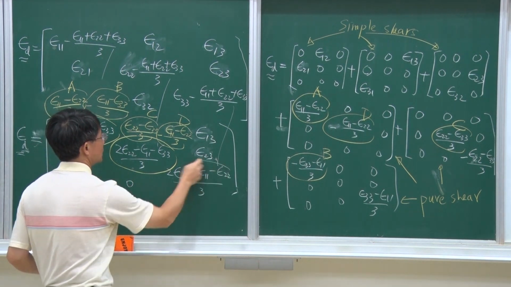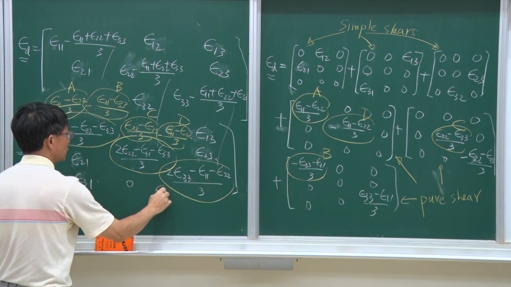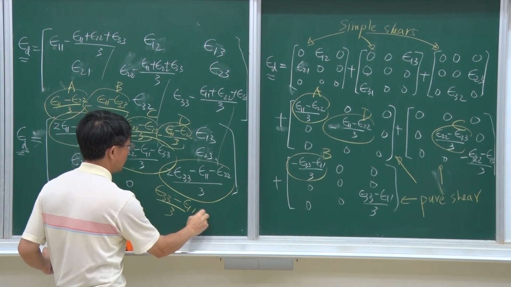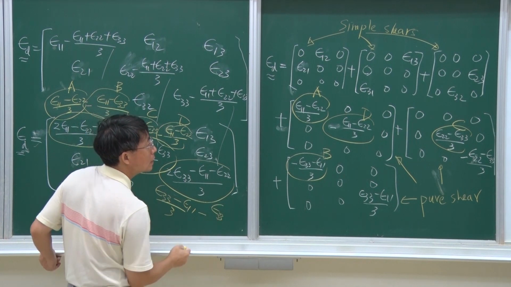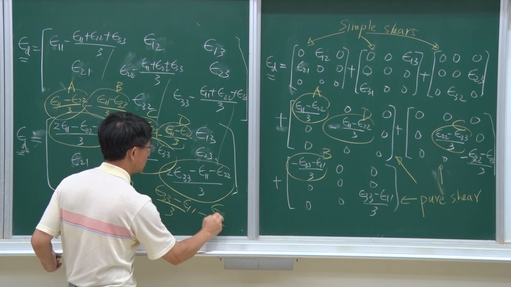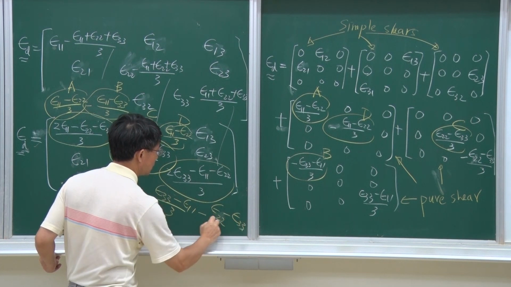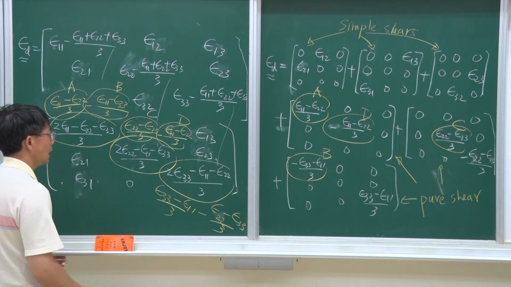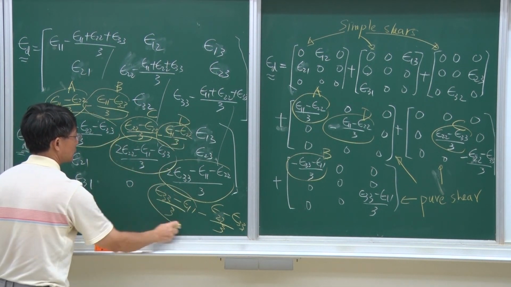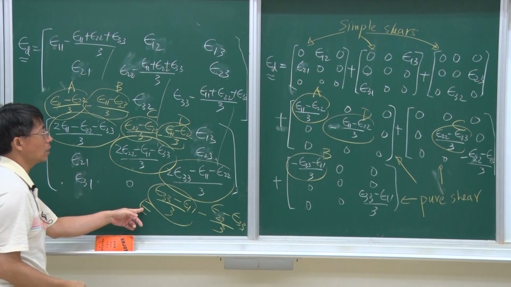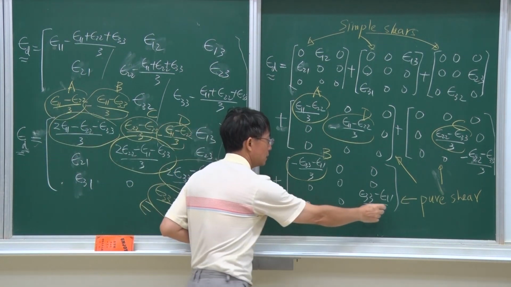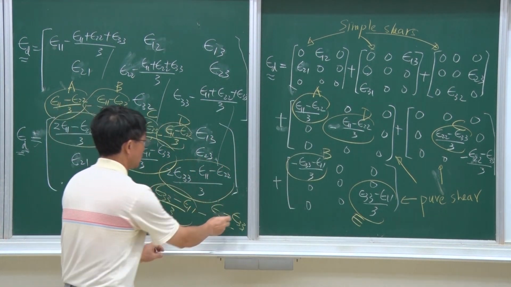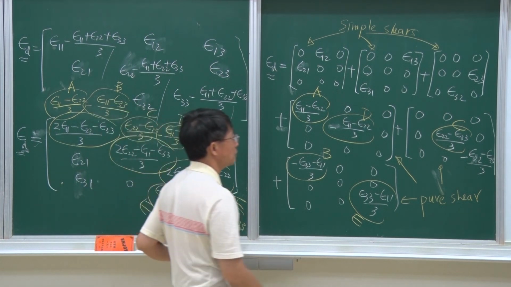And then this one, epsilon 3 minus epsilon 1/3, minus epsilon 3, epsilon 2, minus epsilon 3 third. I decompose this term into this term and this term, and then A, B, C, D, E. This term E goes to here. This term F goes to here.